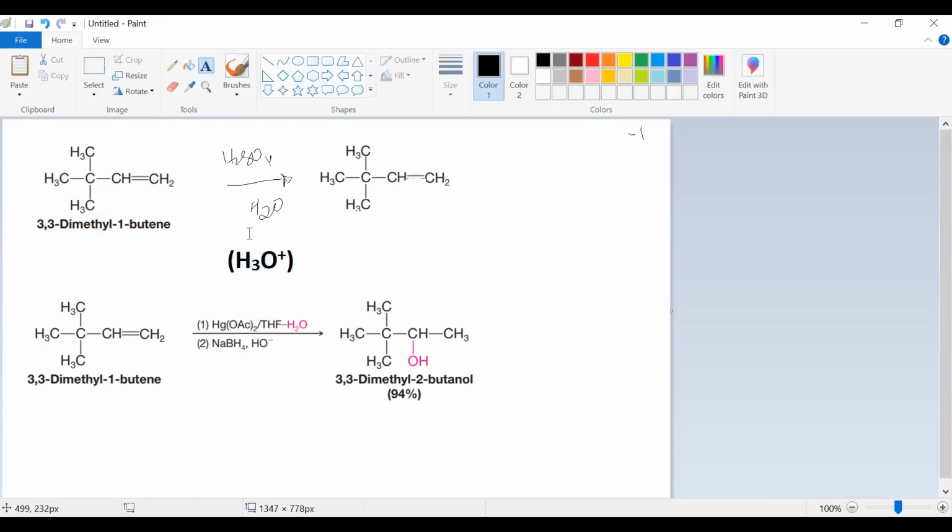So you just have to remember that once you have your H2SO4 and water, it's the H3O+, so it will donate the proton here and use the electrons here.